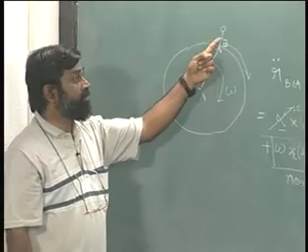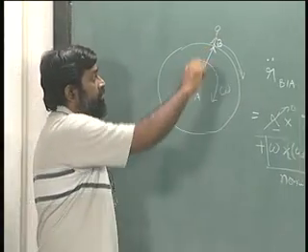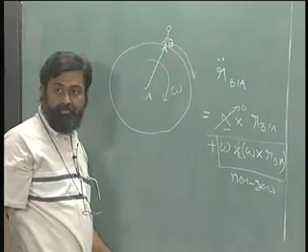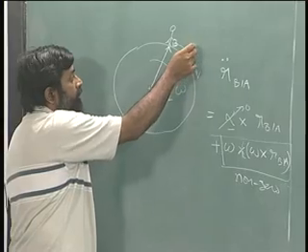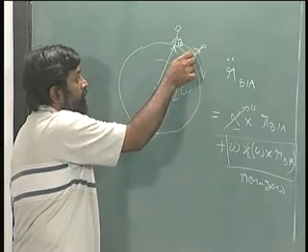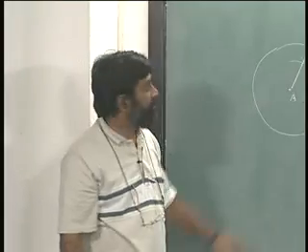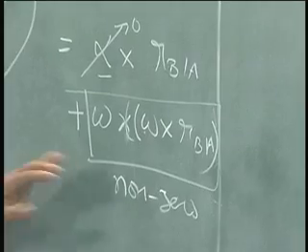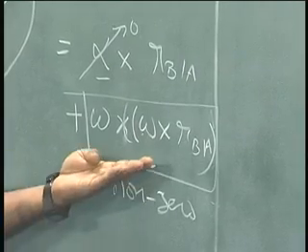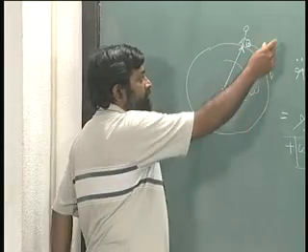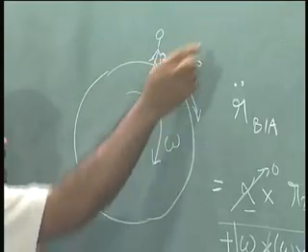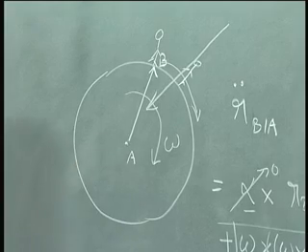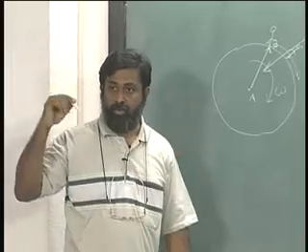So a man standing on the equator will see an acceleration inward, okay, when he moves from here to here, right, and that is given by this, okay. The rest of it is not very difficult for you to find out, and the direction is very simple, the acceleration is directed along the center of the earth or towards the axis.